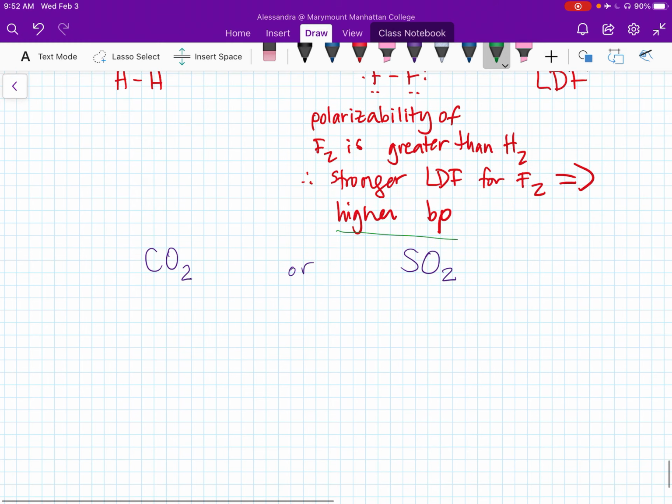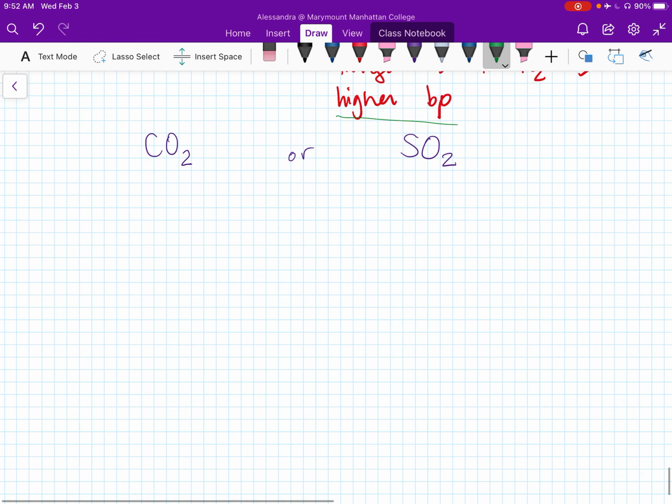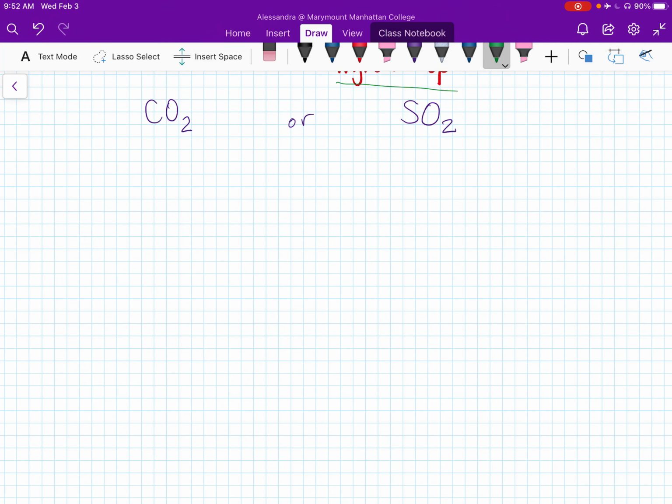Let's do one final example. Which has a higher boiling point, carbon dioxide or sulfur dioxide? So as we said a moment ago, carbon dioxide is nonpolar because of its linear structure. Sulfur dioxide, by contrast, is polar.